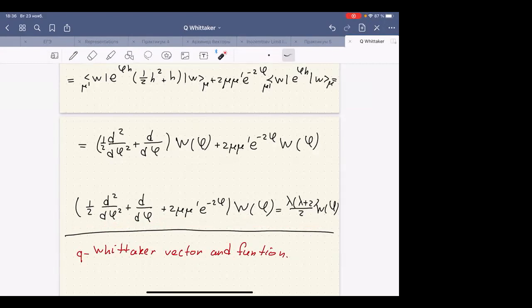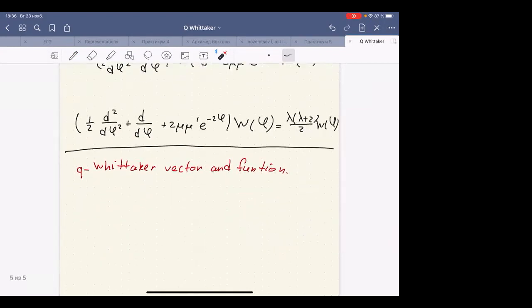This E acts on the Whittaker vector as some scalar, and it is just some work to prove that such a Whittaker vector exists, and then to derive a differential equation on it. In the q case, SL3, SL4 is more difficult than SL2, but still SL2 is a good example where we can see the differences, we can understand the nature of such a Whittaker vector, I would say.